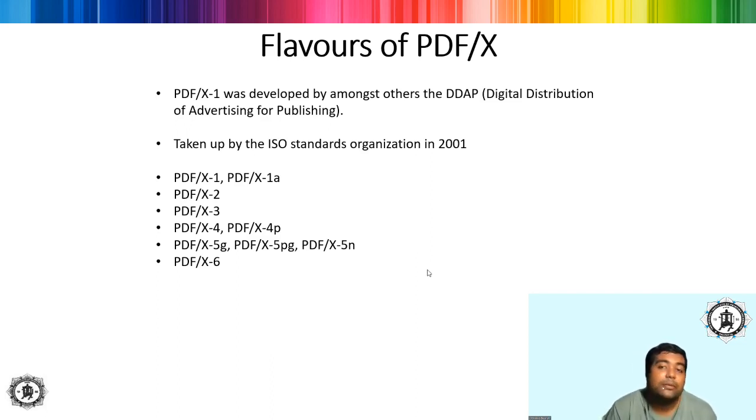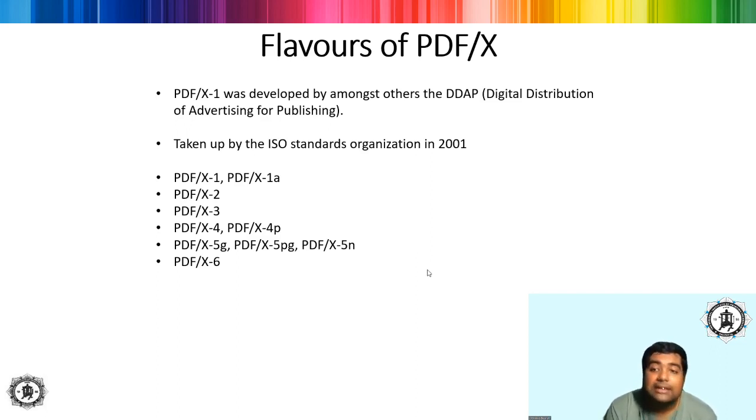Then came X5PG. This is again an extension of that X4P standard. X4P, remember, is used in cases where the ICC profile is externally supplied. So in that case, this was an extension of that format only.